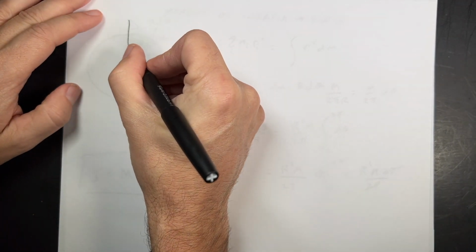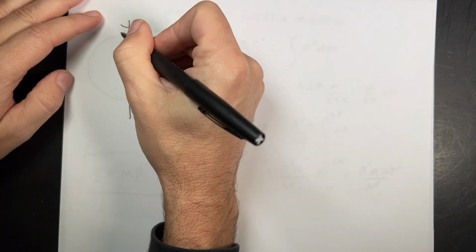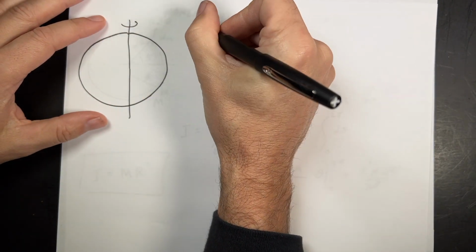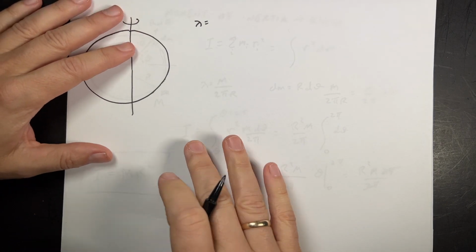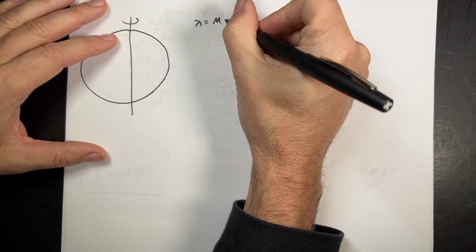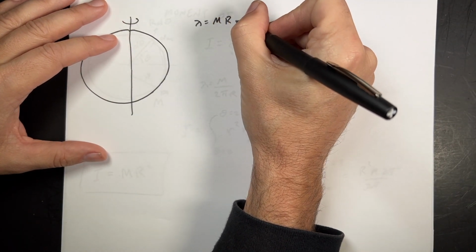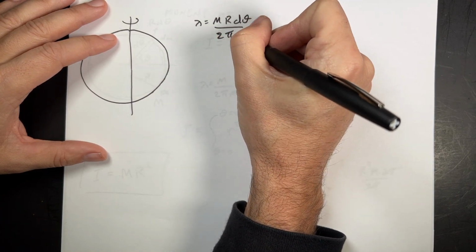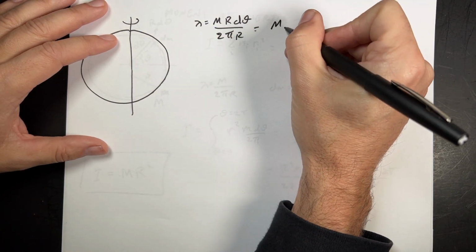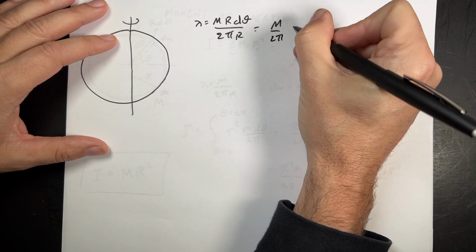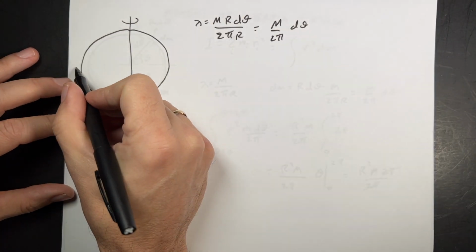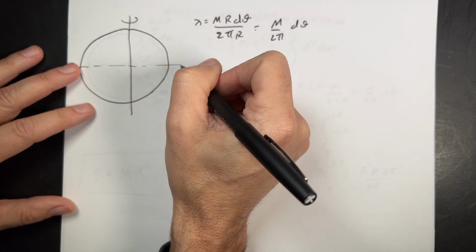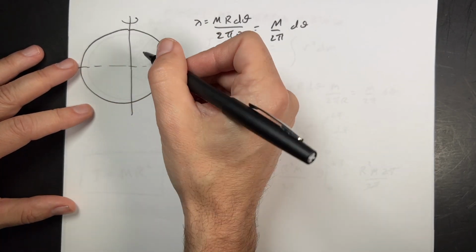So here's my axis of rotation, and then here's my ring. I still have the same lambda, which is M over 2 pi r, and dm is r d theta over 2 pi r times M. So it's going to be M over 2 pi d theta. I still want to break this up and integrate as I move theta around.